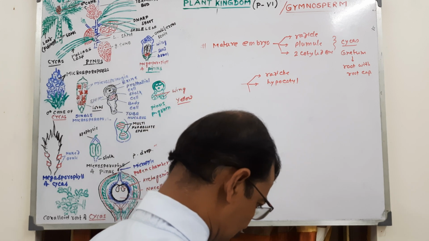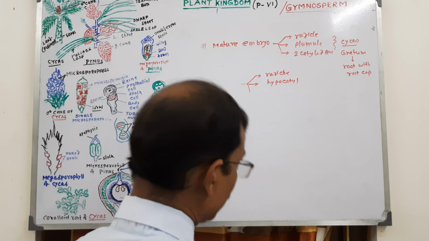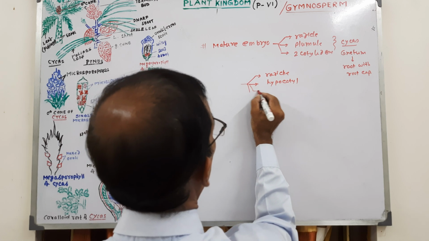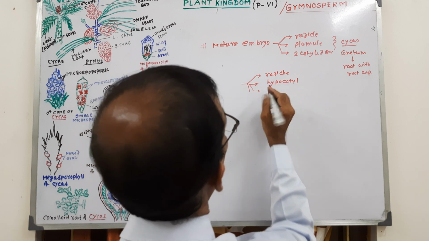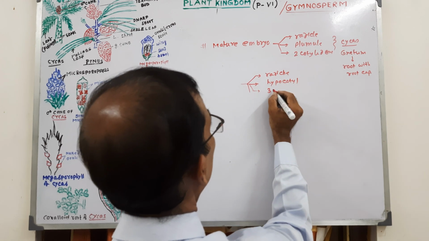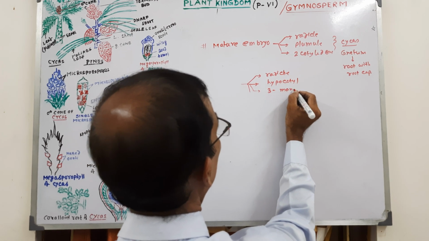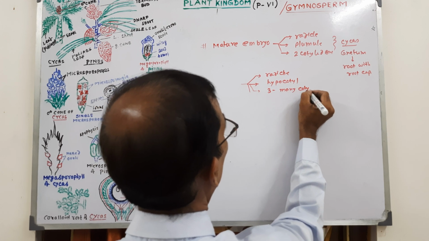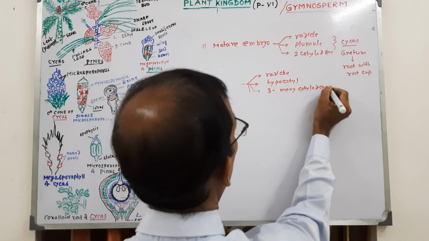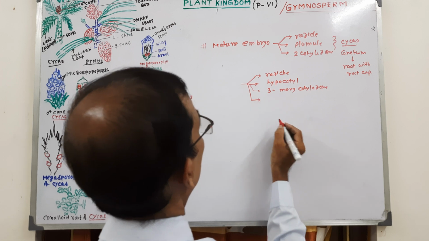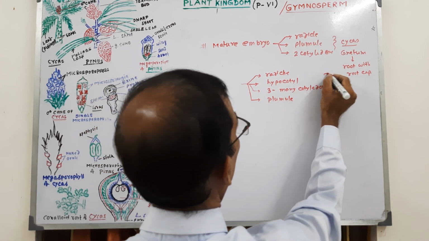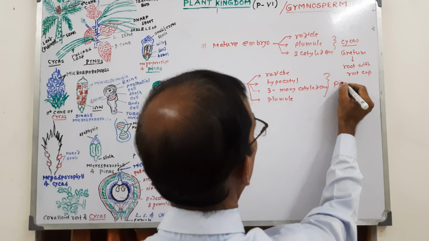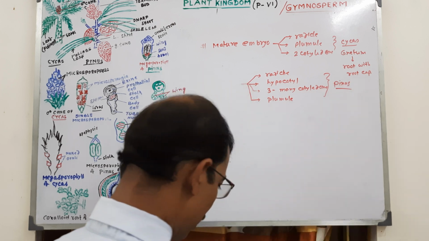hypocotyl, 3 to many cotyledons. Look here, here 2 cotyledons, here 3 to many cotyledons, as in Pinus, many cotyledons and plumule as in Pinus, okay.